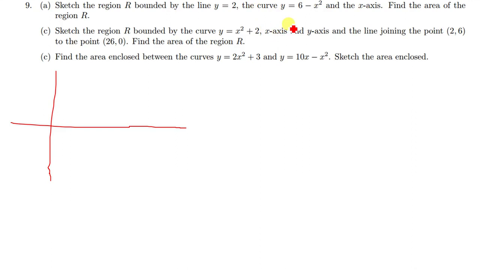To find the x-intercepts, we know that in the x-axis y is equal to 0. So in this equation, where there is y, you put 0, and then you write your equation like that.